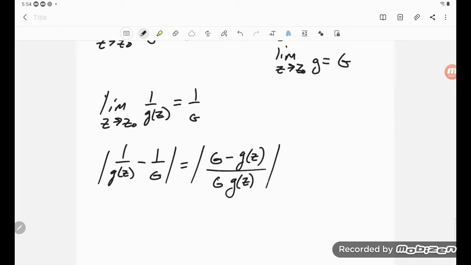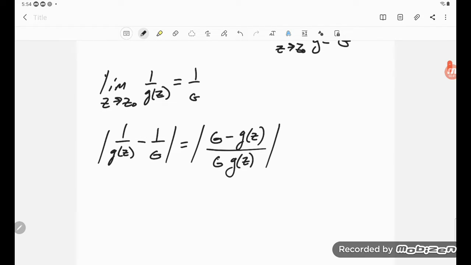So I get this thing here, and the top is exactly what I want, because I know I can make that less than epsilon. Usually we'd write it as small g minus big G, but it's an absolute value, so it doesn't really matter. So I noticed that the top I can make less than epsilon, but now I'm going to get fancy with that.